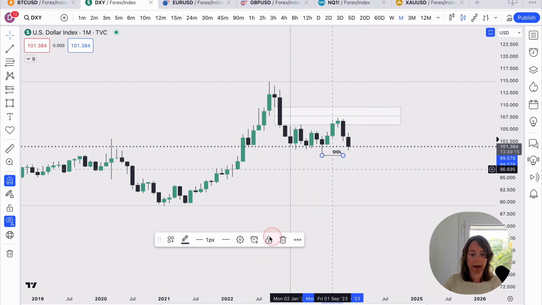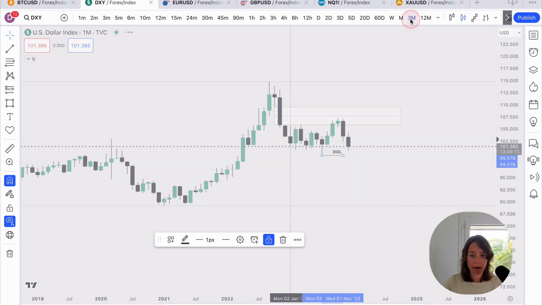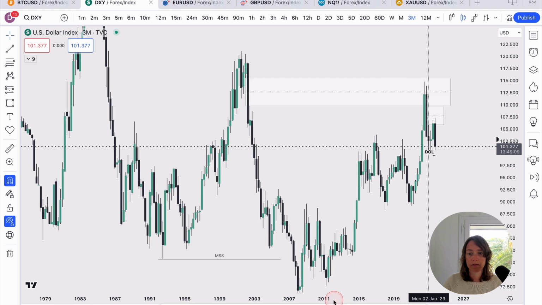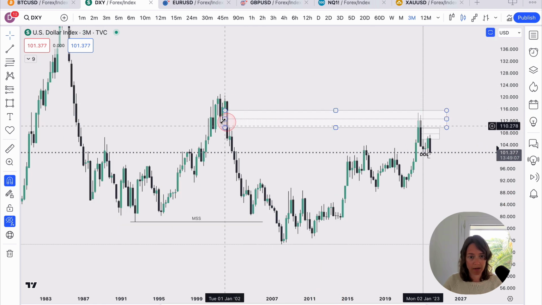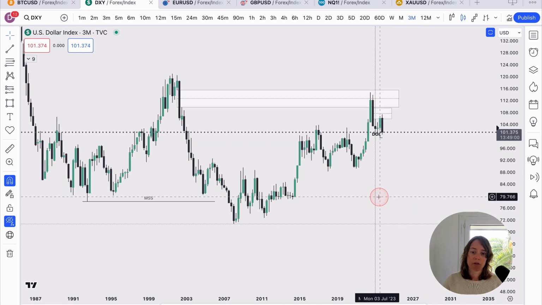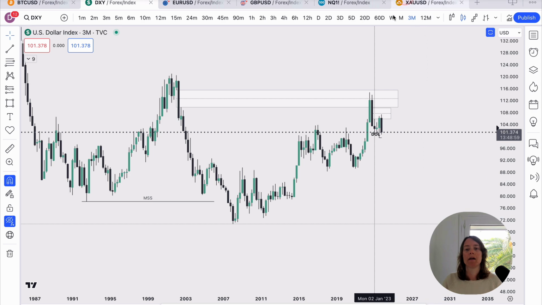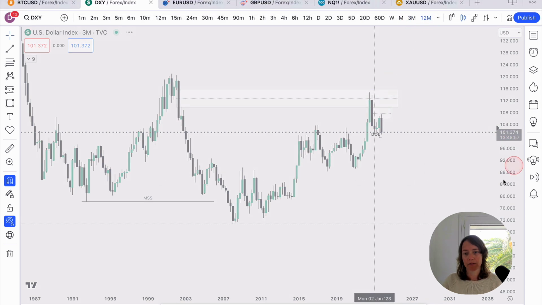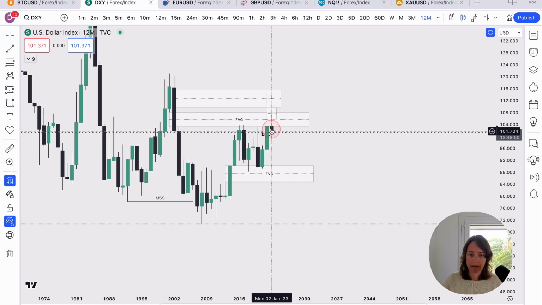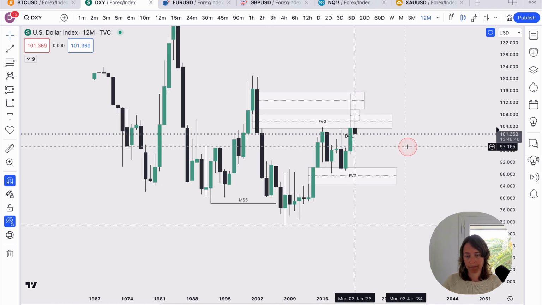If we just look at the liquidity, which being, of course, the external liquidity in the form of highs and lows, and the internal liquidity in the form of the imbalances. And this is a 3-month imbalance that kept price down, forming a bearish engulfing candle. So for the year, we had a really tight range, and last year we had a really big range candle. This year's range stayed within last year's range.